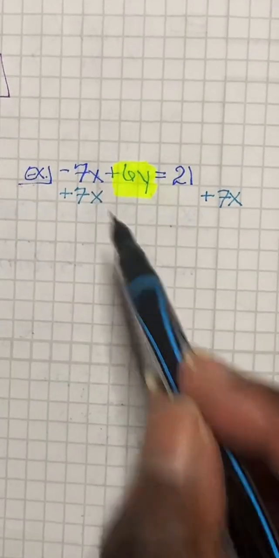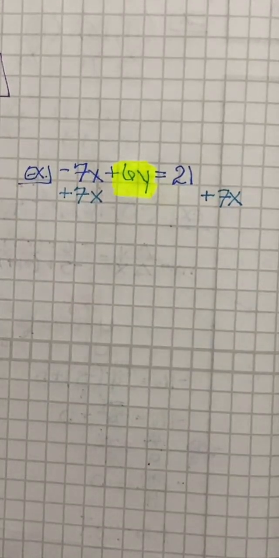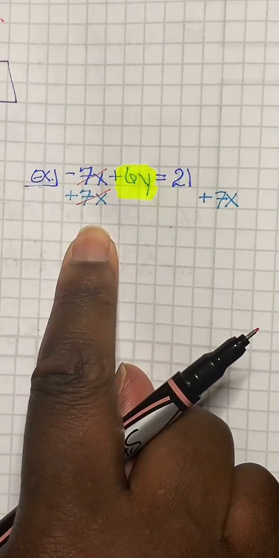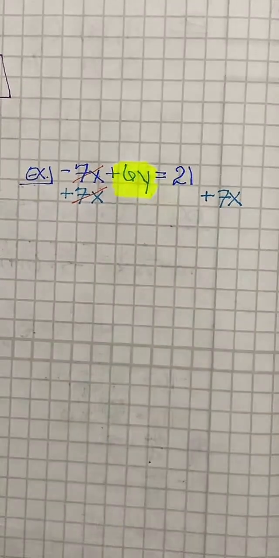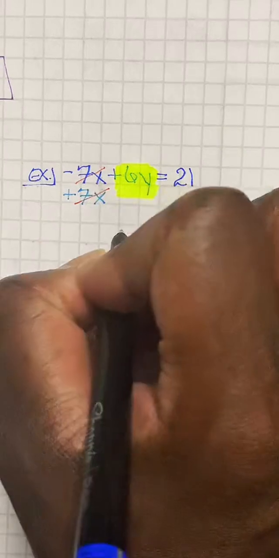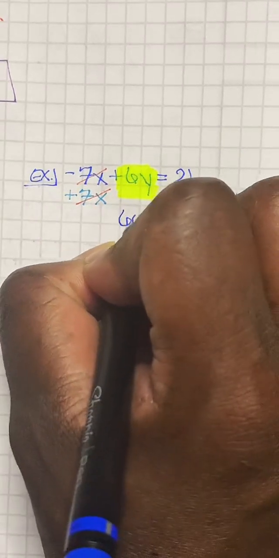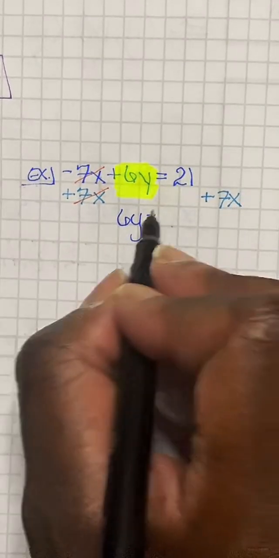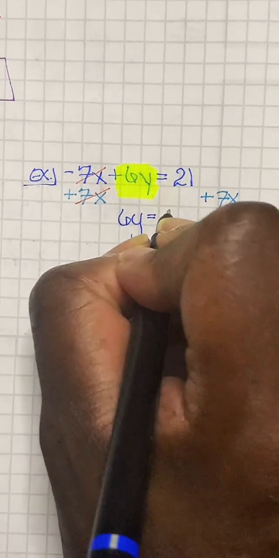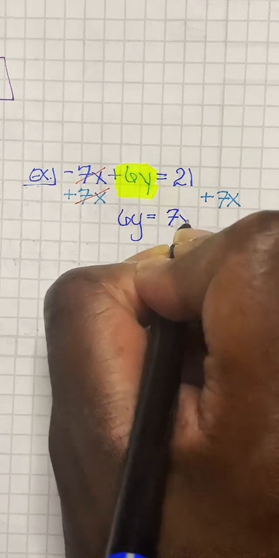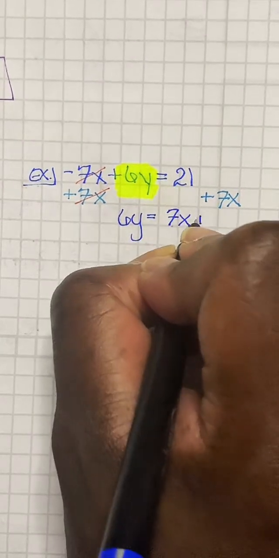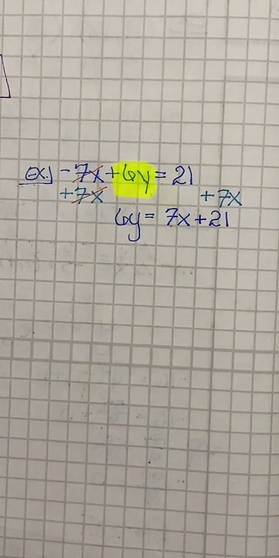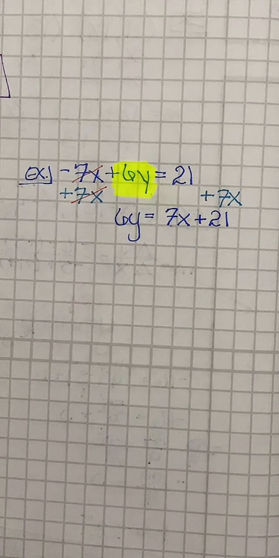So negative 7x plus 7x, they cancel each other out to give me 0. But we don't need the placeholder because we still have that 6y attached. So we just bring down the 6y and equals. And to keep it in slope-intercept form, I'm going to bring over that positive 7x and bring down my positive 21. Okay, good. That's my answer.